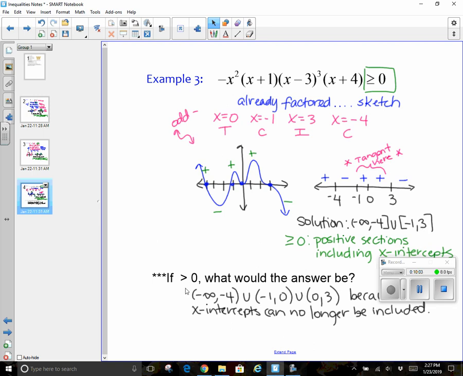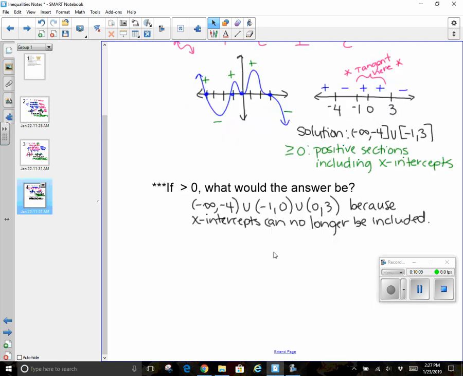But if it's greater than 0, we're not allowed to include the x-intercept of 0. So we would still have negative infinity to -4, but we would change the bracket to a parenthesis, and instead of one big section, we'd have to change it to 2 sections so that 0 wasn't part of our solutions.